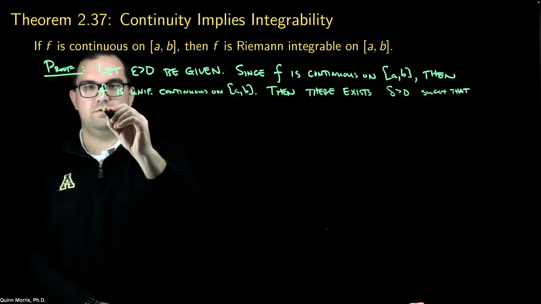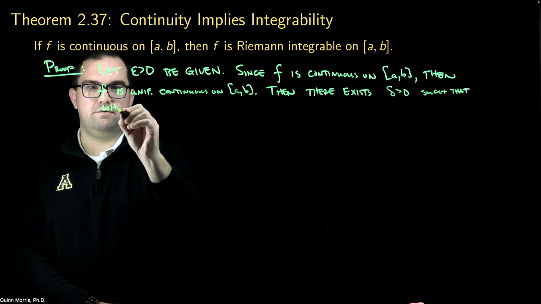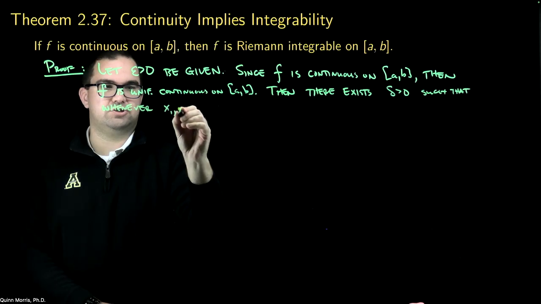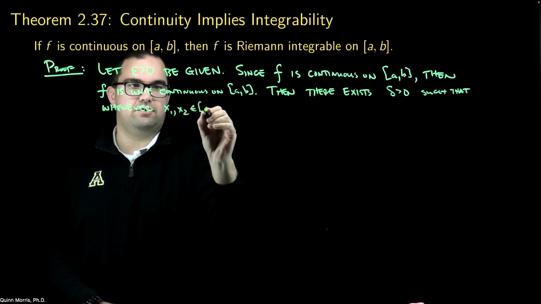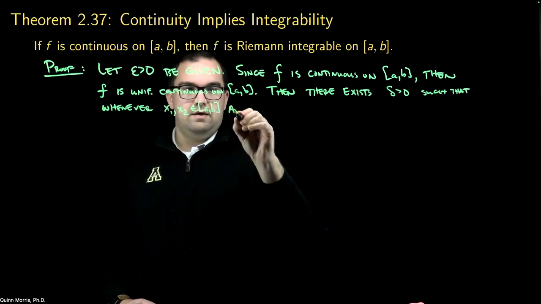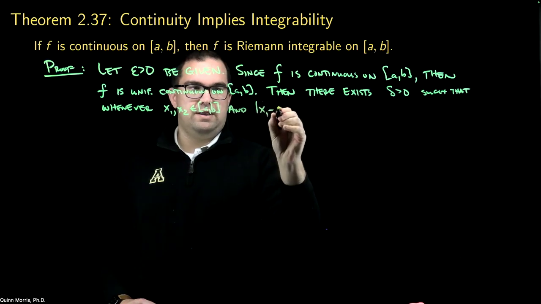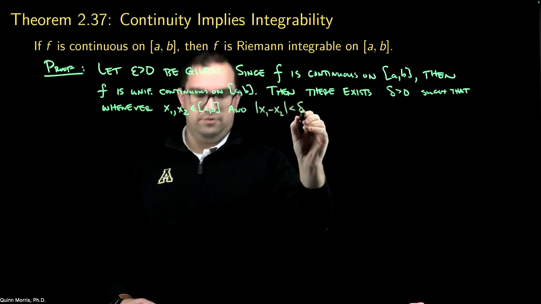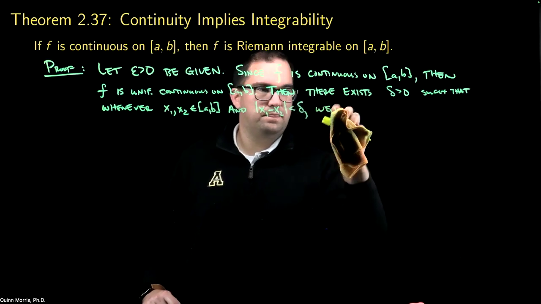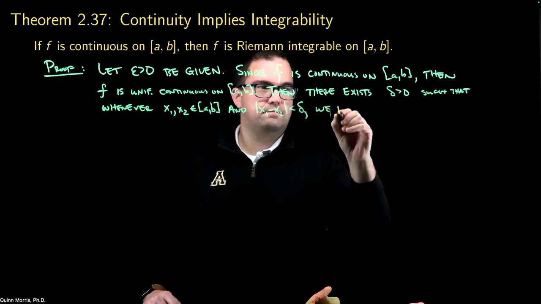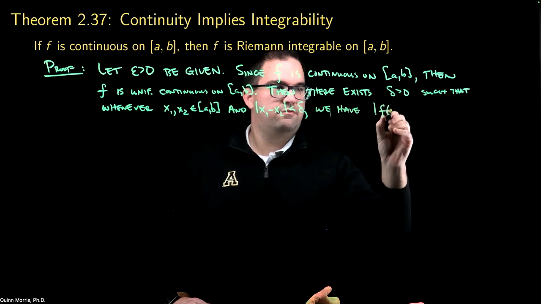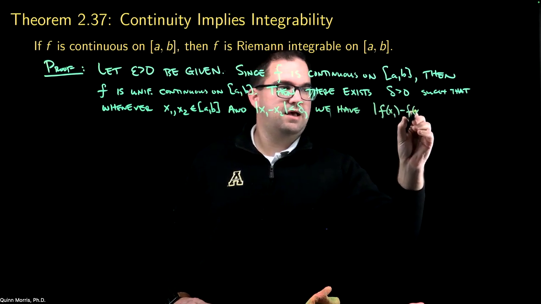such that whenever x1 and x2 are two values in my closed interval [a, b], and x1 and x2 are within delta of each other, we have |f(x1) − f(x2)| less than some quantity.